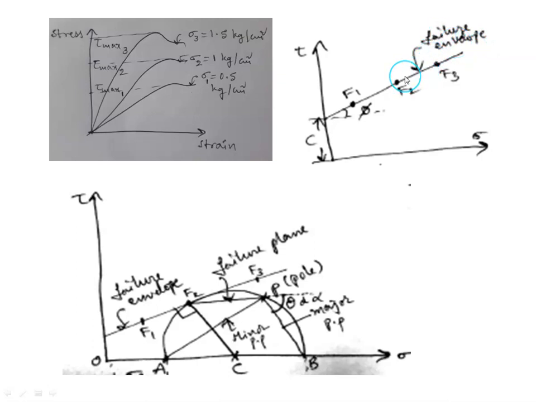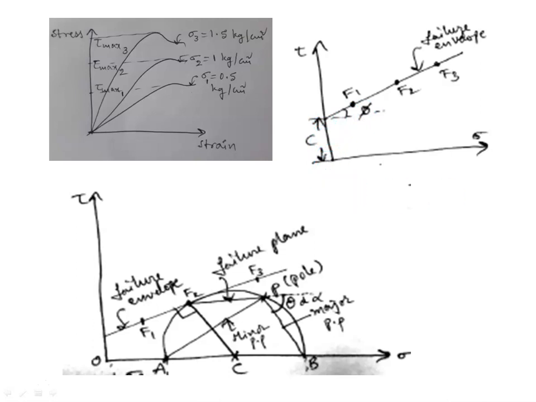So any point on this failure envelope gives the failure stresses, corresponding normal stress and shear stress. So the angle made by this failure envelope with horizontal is called angle of internal friction or angle of shearing resistance, and its intercept on y-axis is called cohesion of soil.